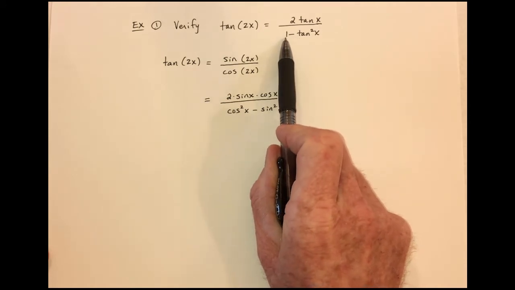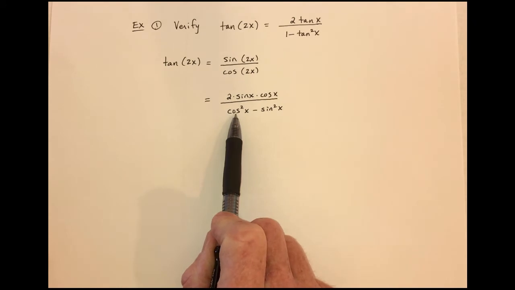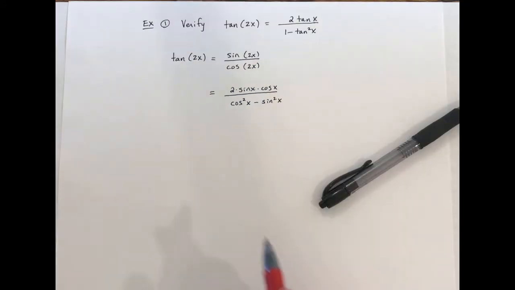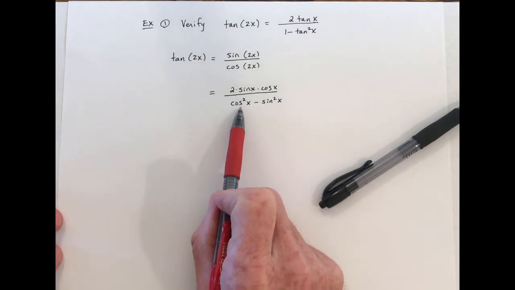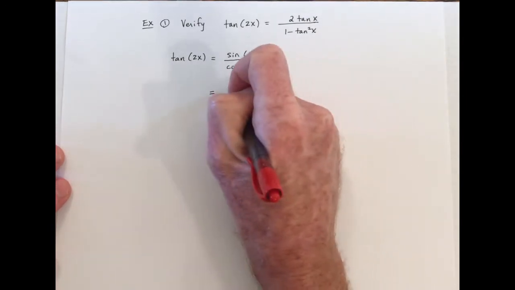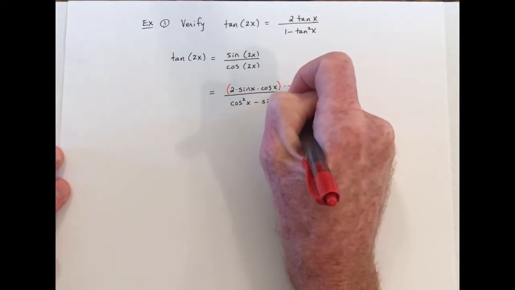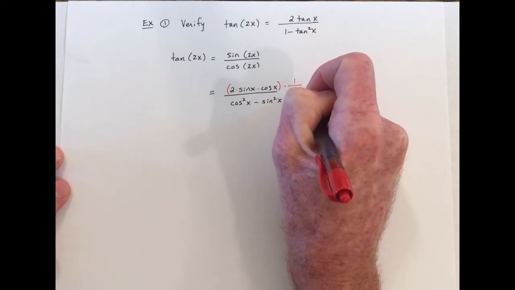So for example, right here, I'm supposed to get a 1. So I somehow need to turn this into a 1. So now I'm going to divide both the top and the bottom by cosine squared, or multiply by 1 over cosine squared.